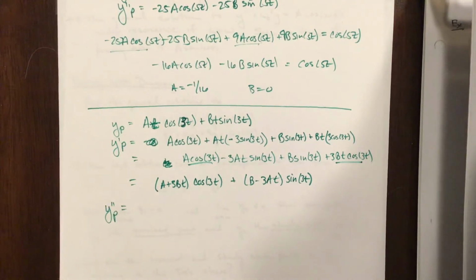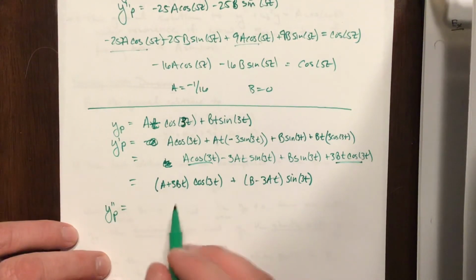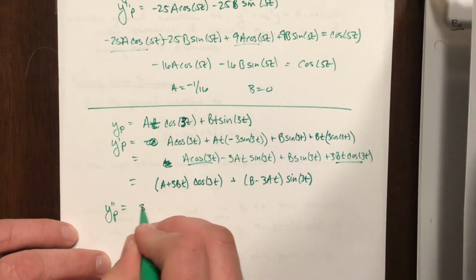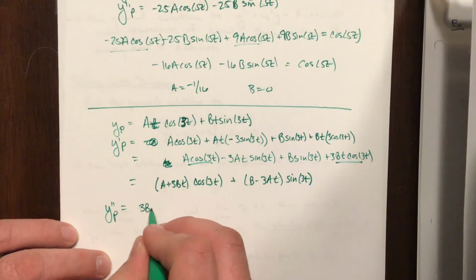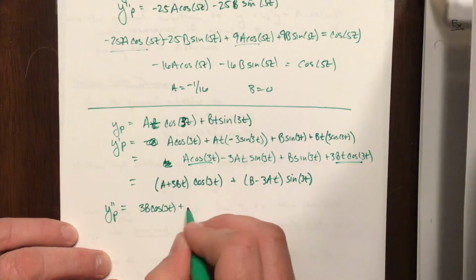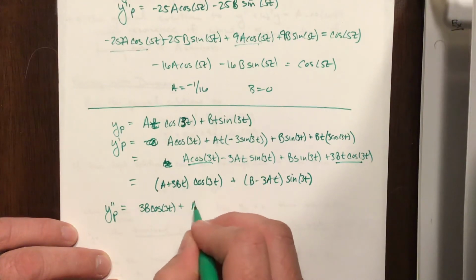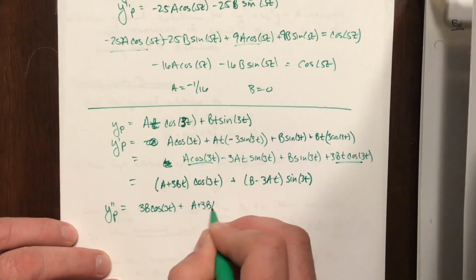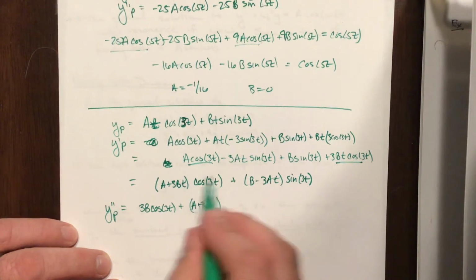Okay, and then compute y double prime. It works in the exact same way. The derivative of the first piece with respect to t is going to be 3b, multiply that by cosine 3t, plus the first piece, that's a plus 3bt, times the derivative of that.